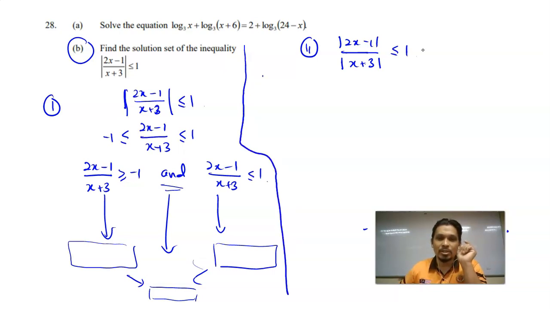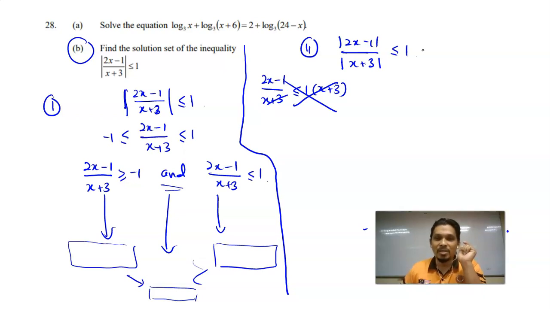If this is the question 2x minus 1 divided by x plus 3 without the sign of absolute values, then if I bring this and multiply with x plus 3, we are not allowed to do so, because if x is negative 4, negative 4 plus 3 equals negative 1, then the denominator is negative, so it will have a bad effect on the whole inequalities question here.